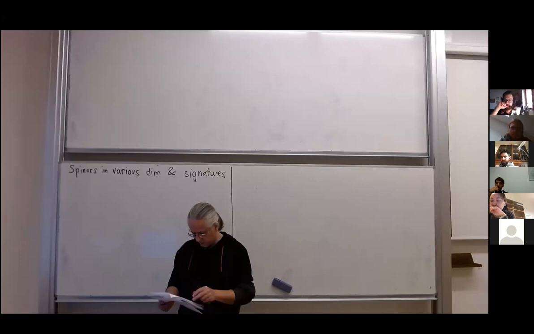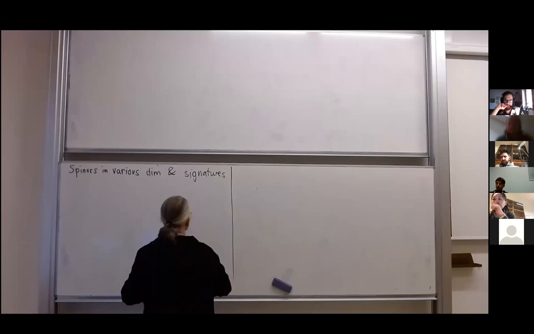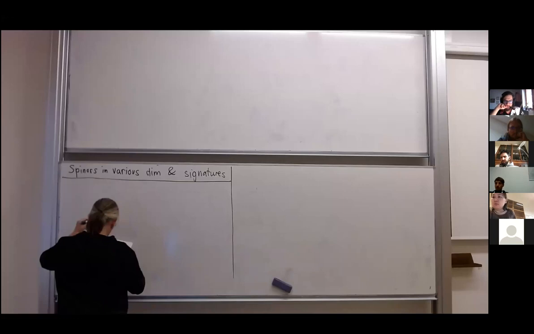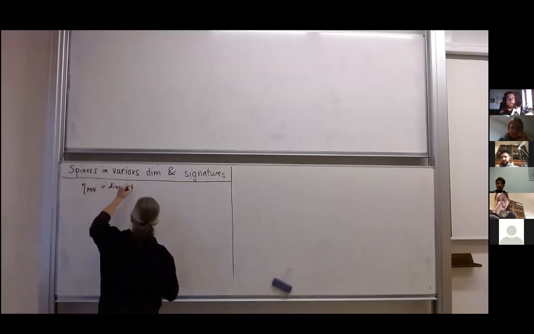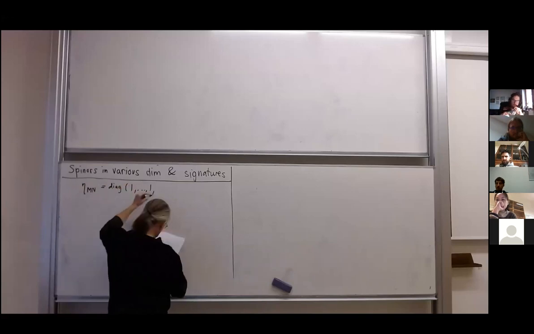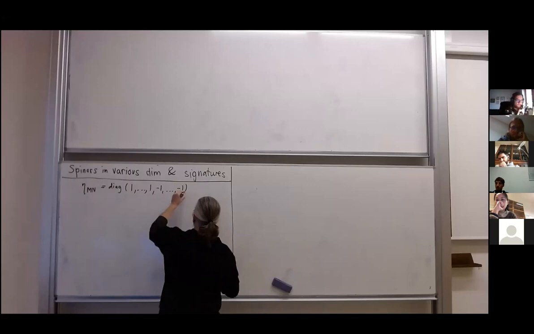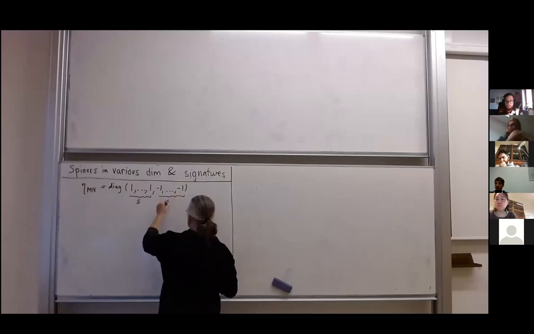Right. So let me just remind you of the notation from last time. We had the metric tensor eta_mn, which was the diagonal of 1, 1, minus 1, minus 1. So that would be S spatial dimensions and T temporal dimensions.